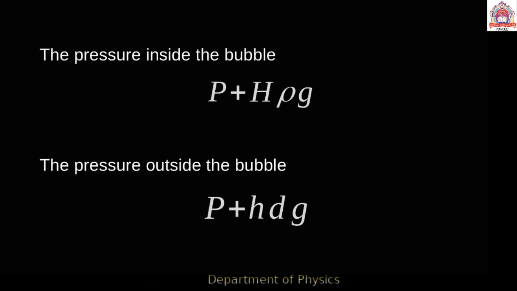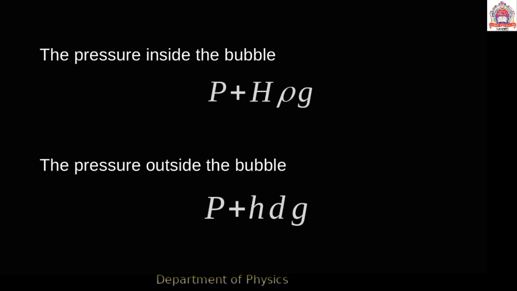Then the pressure outside the bubble equals P plus h d g. Here small h is the depth of the orifice below the free surface of the experimental liquid, and d is its density.